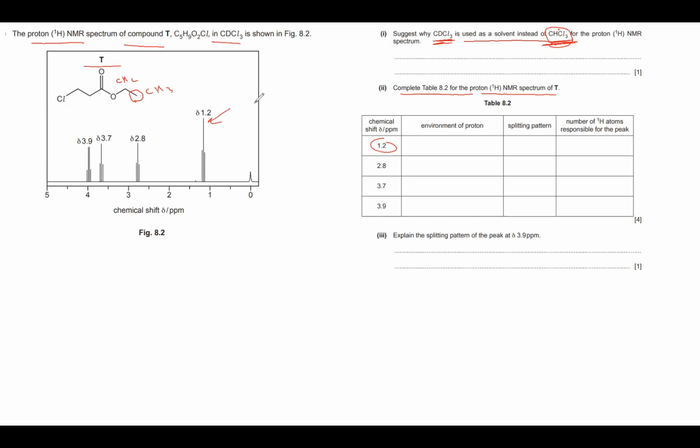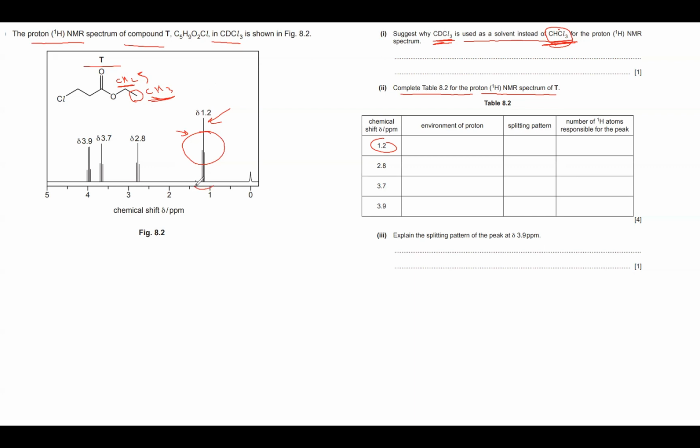Because we have a triplet, that means that beside this peak we have two hydrogens. That's why here we have a triplet. As well as this CH3, the protons here are connected to CH2, which is an alkyl group.